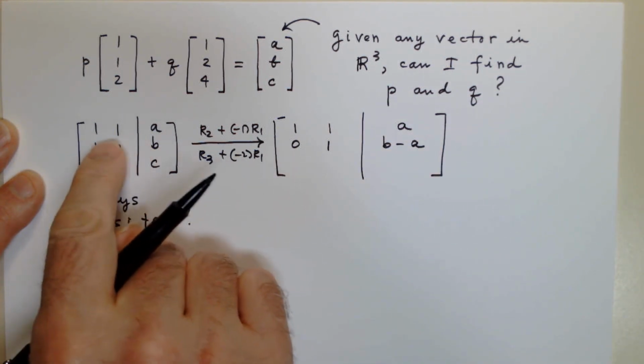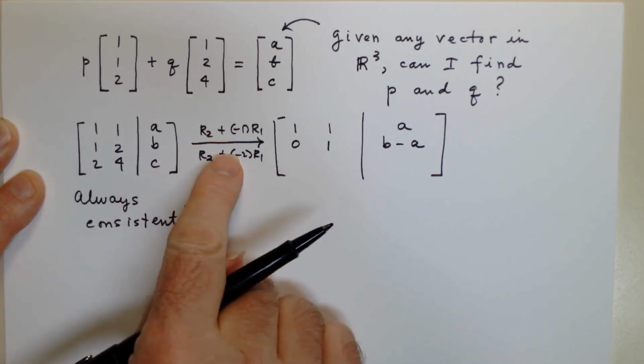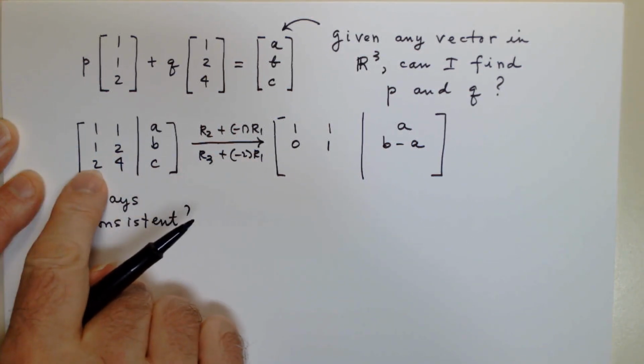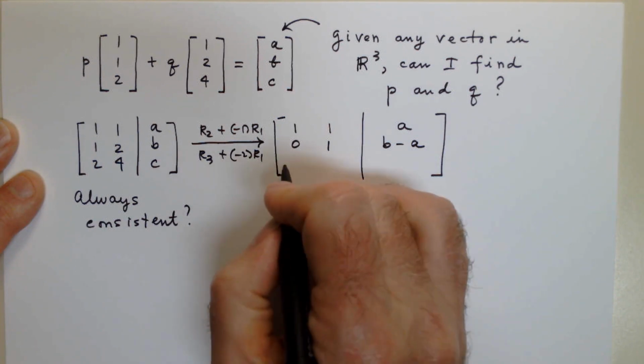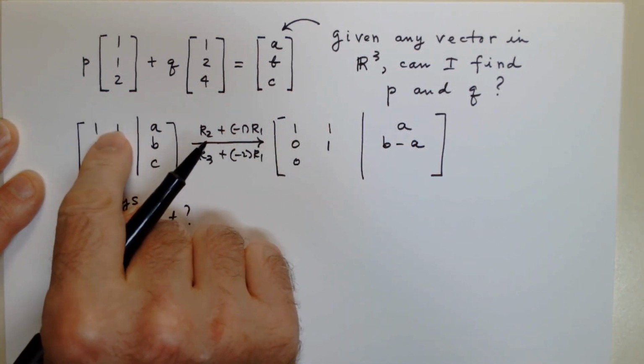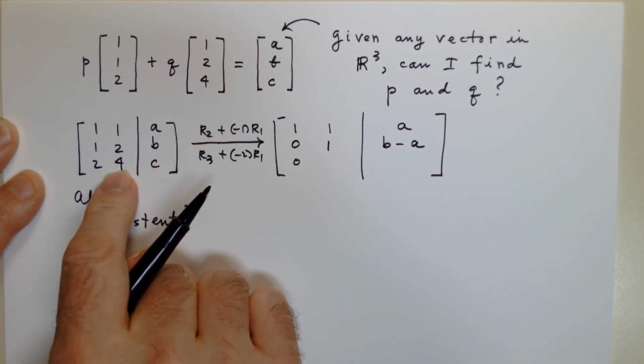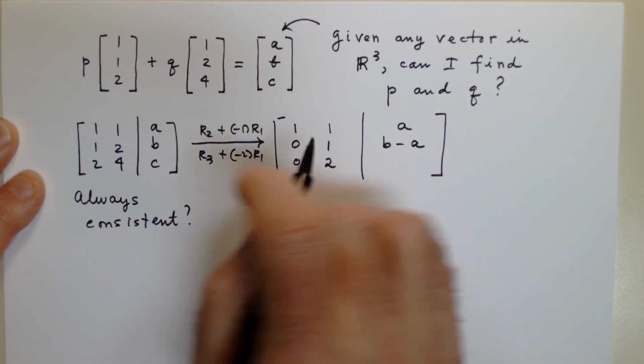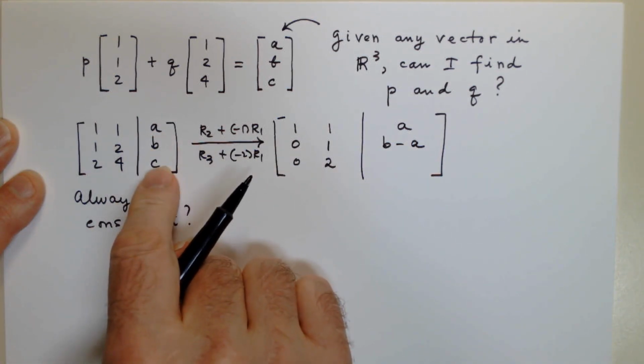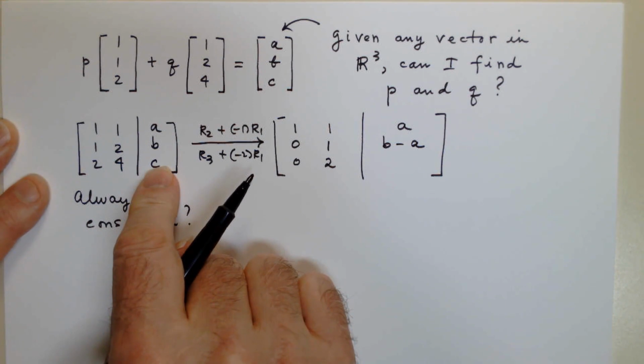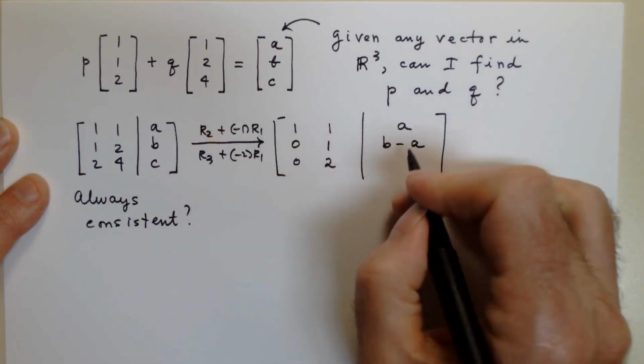Okay, now we'll continue working on row 3. I'm multiplying by -2, so -2 onto the 2 is 0. -2 onto the 4 gives me a 2. -2a added onto the c is going to be c minus 2a.